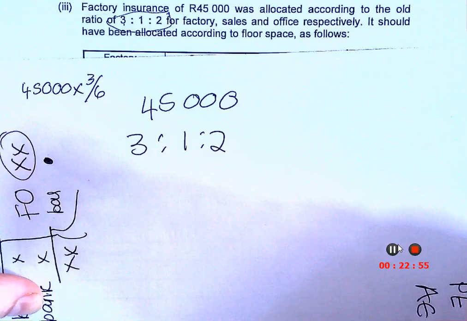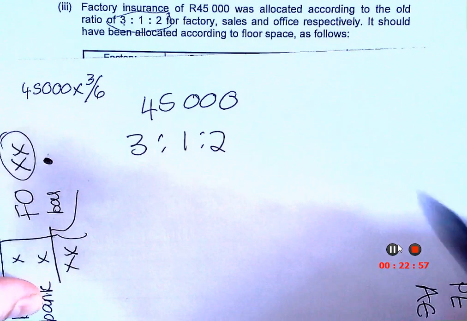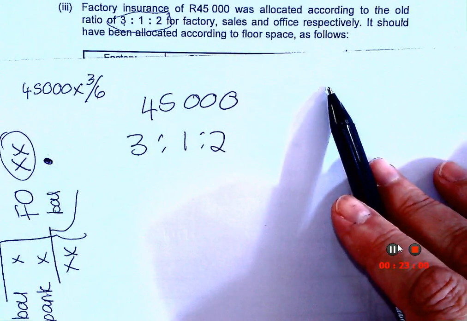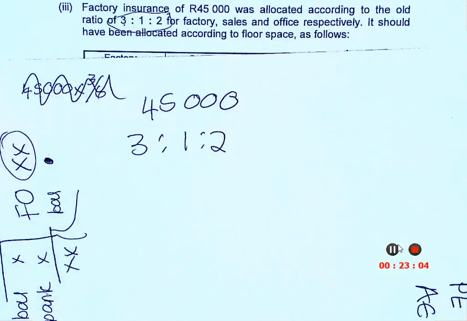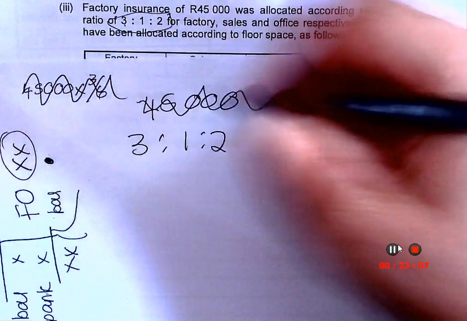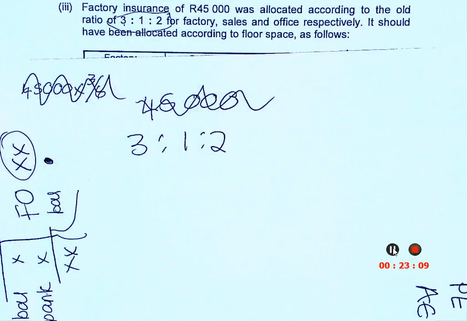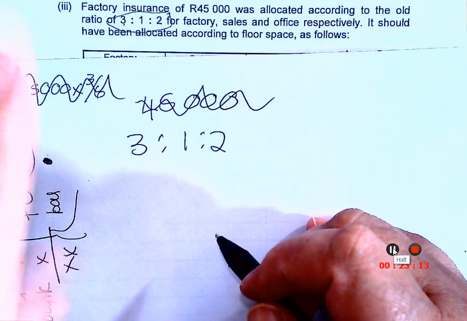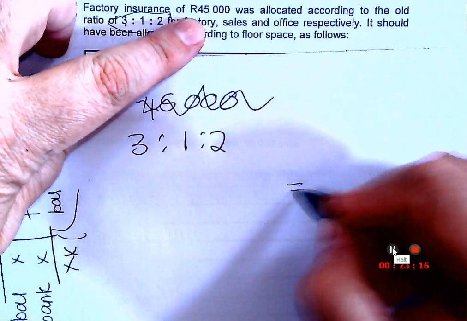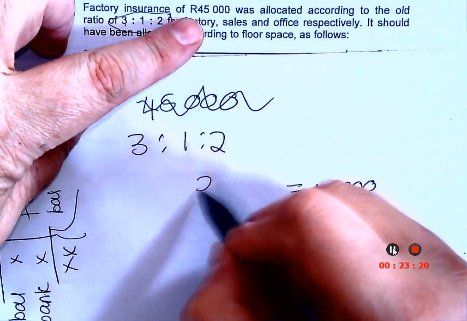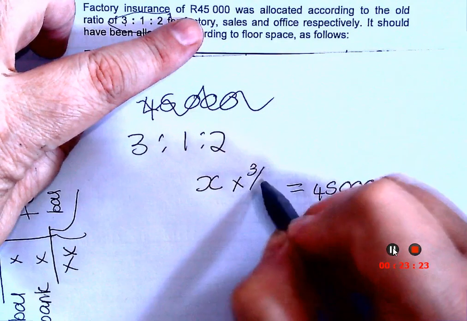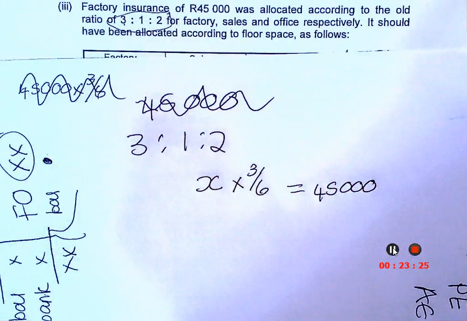Are they not saying that the 45,000 was allocated to the factory? Yeah, so I'm wrong. I'm not totally wrong. Because what I did, the 45 is the answer. So what I actually did is I said the total amount times 3 over 6. Does that make sense? You guys with me?